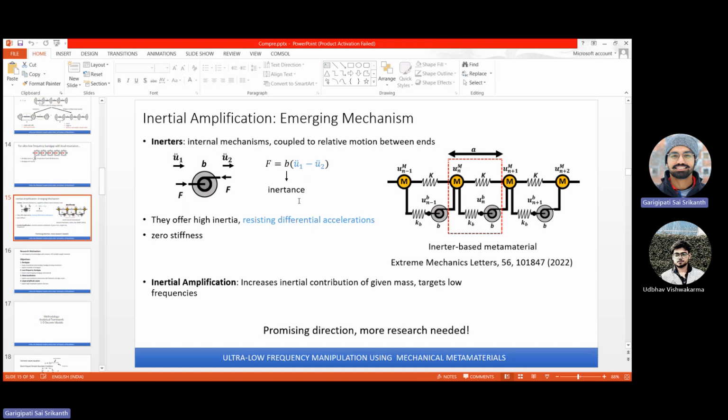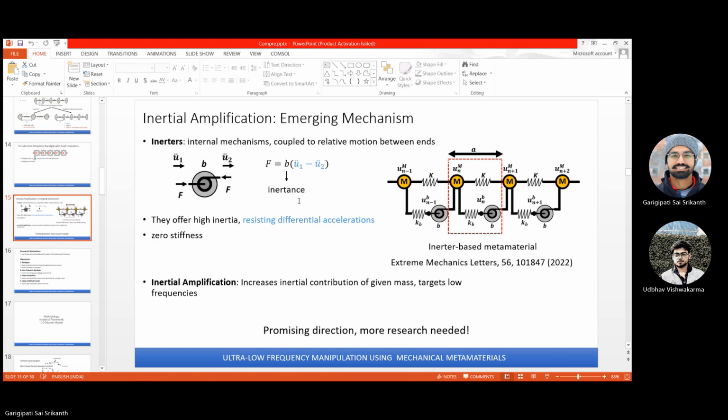So B by M, inertance by mass, should be high. What happens if that is high is, when potential energy is stored in kinetic form, there's an inertia term there. If inertia is high, then the movements are lower.